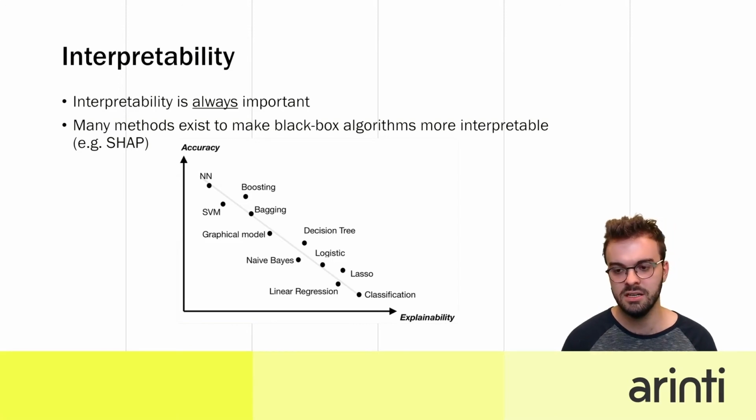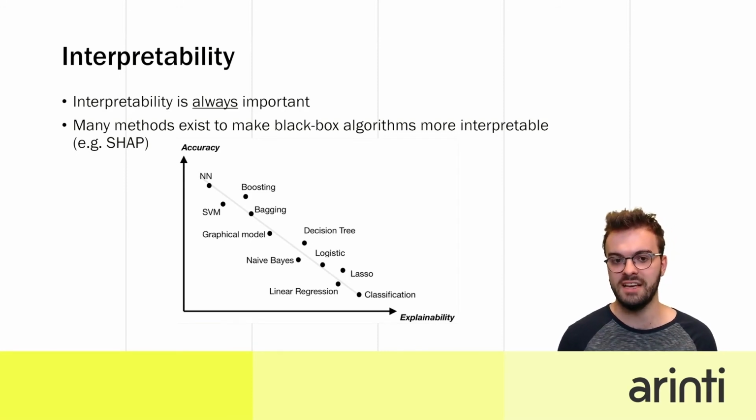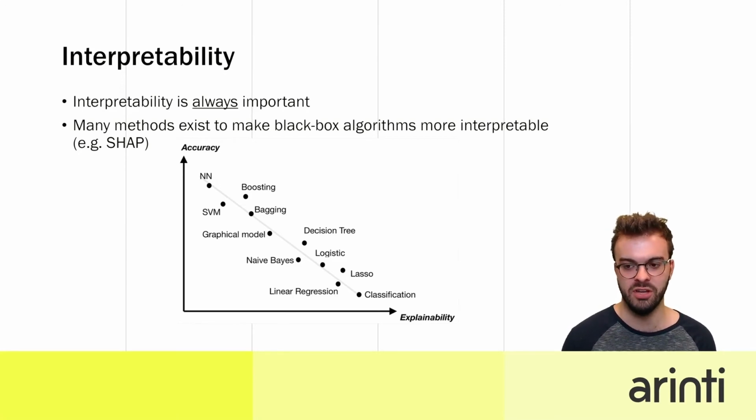Also very interesting. And interpretability is usually so important if you're, for example, working in Microsoft Azure and doing your machine learning there. A lot of tools exist to investigate the explainability of your model, even when you have a black box model that you're using.